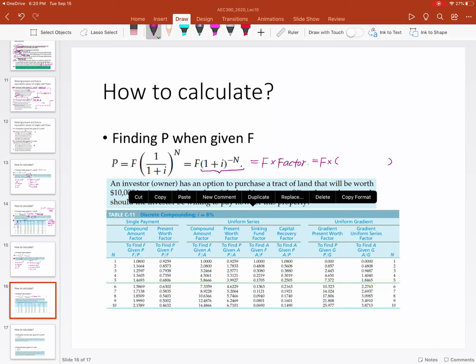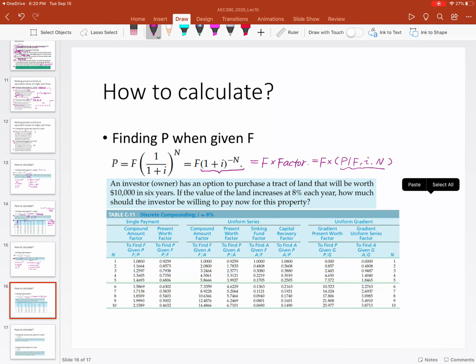You can imagine that. It's going to be to find P given F, I, and N. That's just the term we have learned before to simplify that scenario, right? So it's not a big deal for you. And then the next thing is, how do you find out the value of this factor? Of course, you use the table in Appendix C.